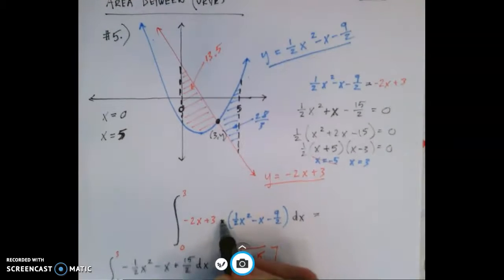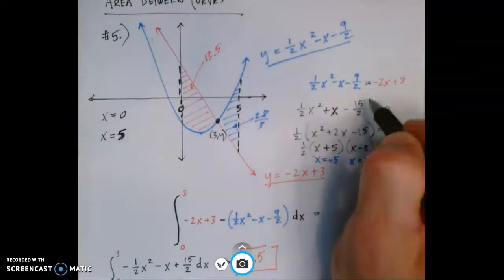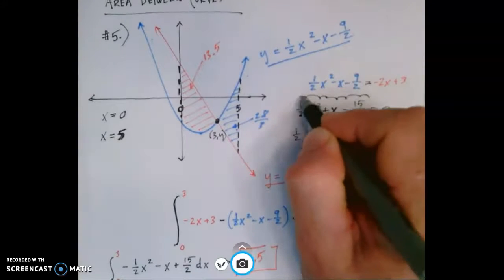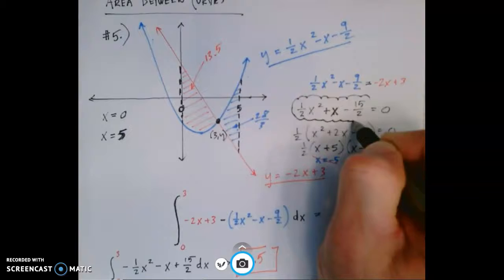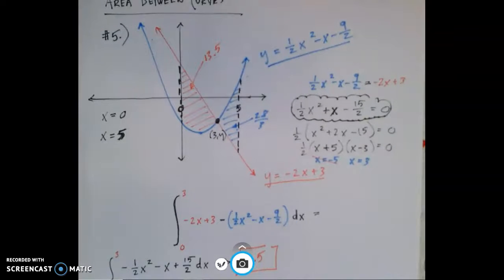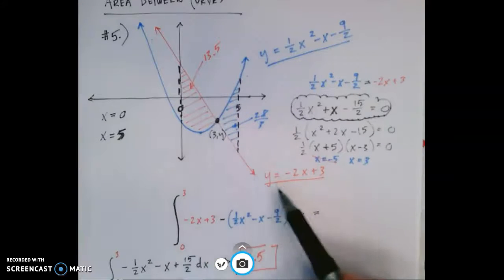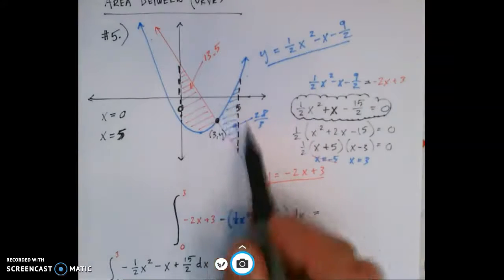When we distribute that minus sign and simplify, this is what we end up with: minus 1/2 x squared minus x plus 15/2. Notice this looks an awful lot like our original function when we solved for factoring. That's not a coincidence. That will always happen. In this case, my signs are different because my upper bound is negative 2x plus 3.